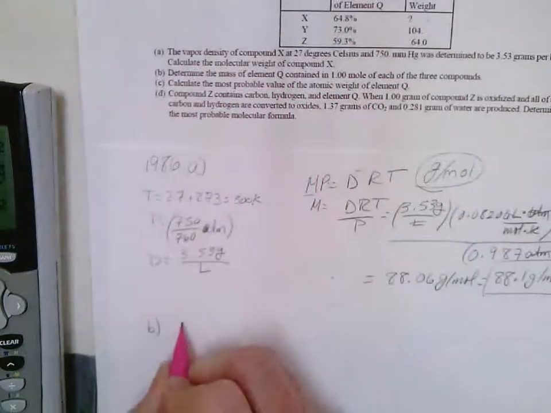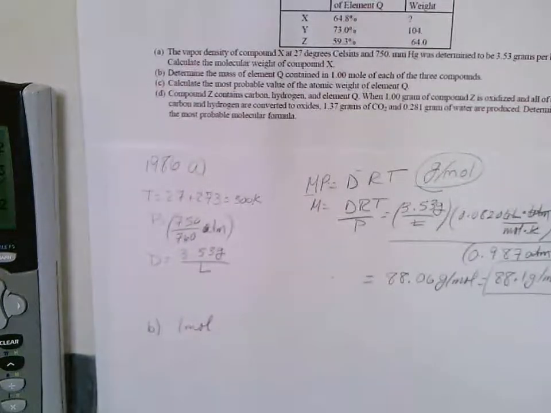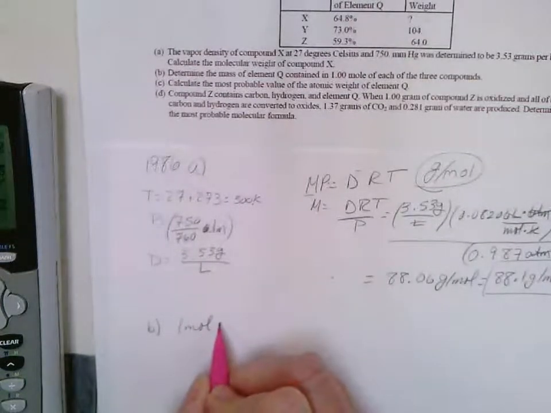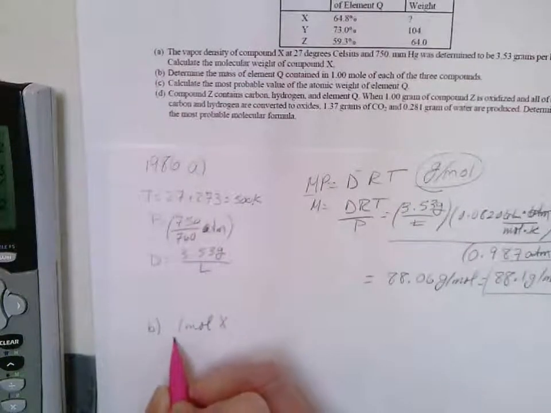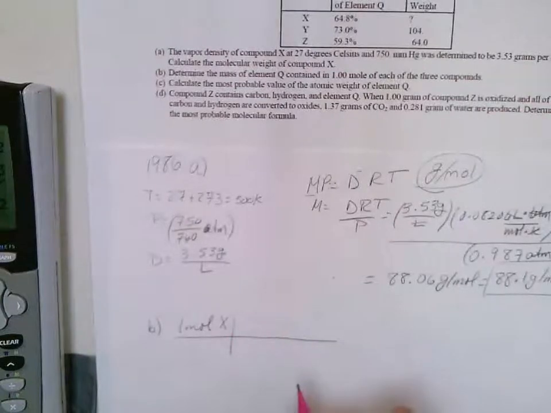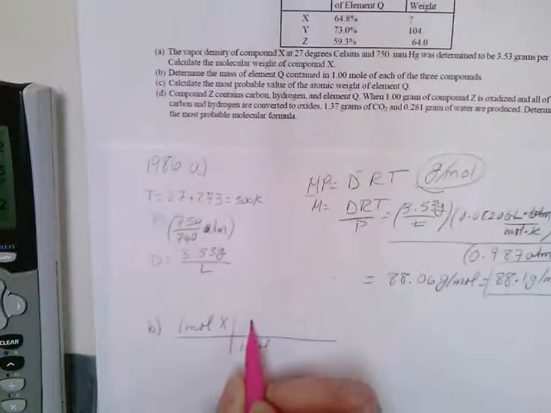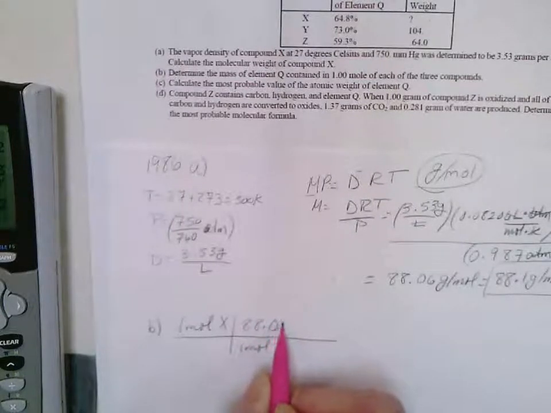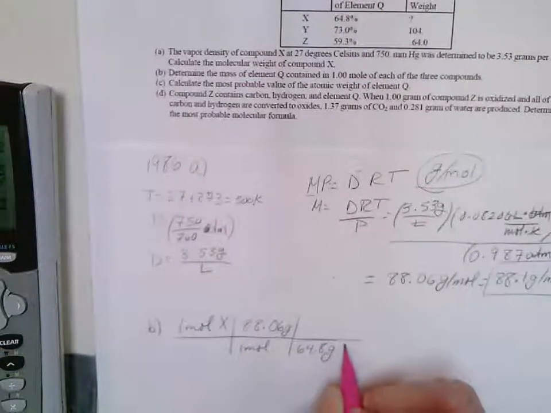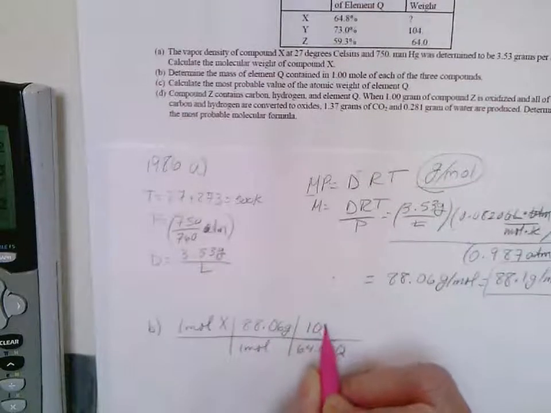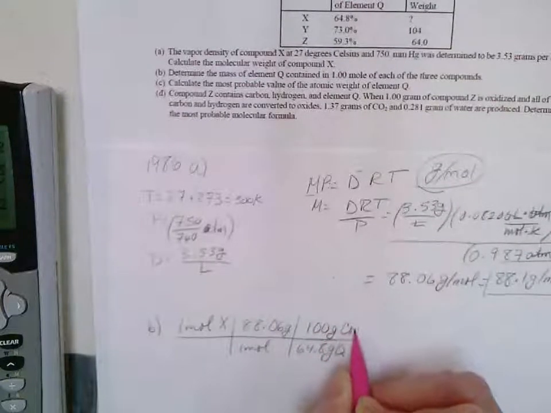So if I have 1 mole of the compound, then that would be compound X, let's say, right? Then it would be 1 mole is 88.06 grams. And then I have 64.8 grams of element Q in 100 grams of the compound.